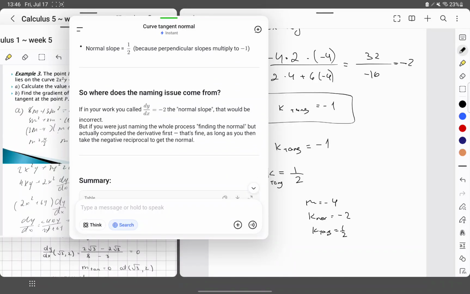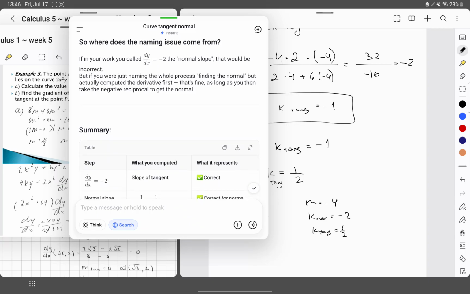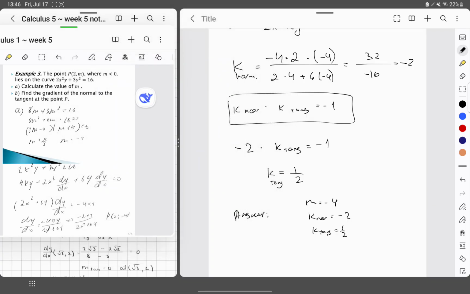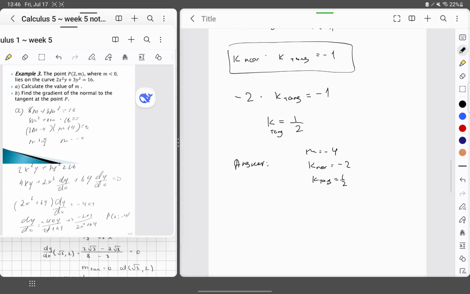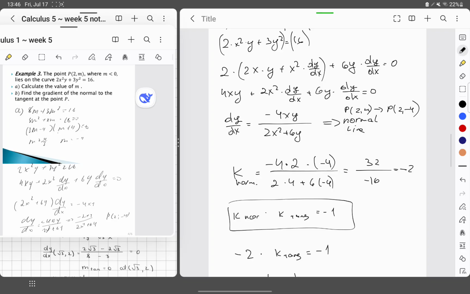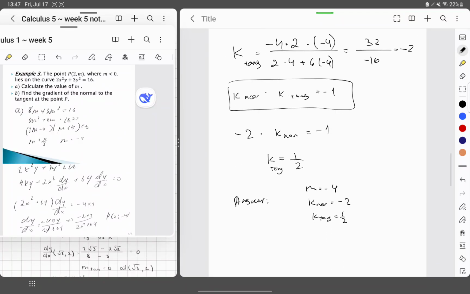The derivative is always m, and m is the tangential gradient, so I just named them wrong. It must be k tangential, and it will be k normal. Okay, we did it.